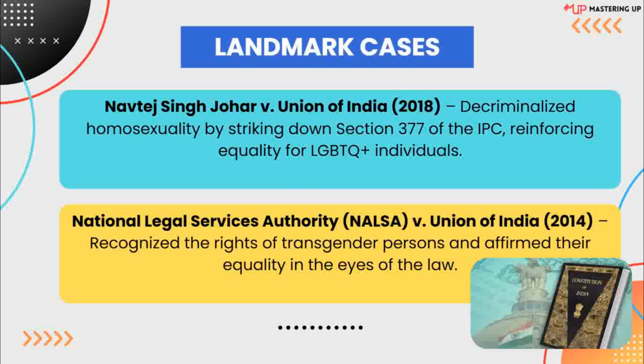It upheld their right to self-identify their gender, male, female, or third gender. The court ruled that denying them recognition violated Articles 14, 15, and 21 of the Constitution. These historical landmark cases have helped enhance the fundamental right to equality of Indian democracy.